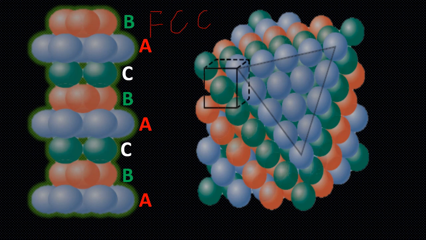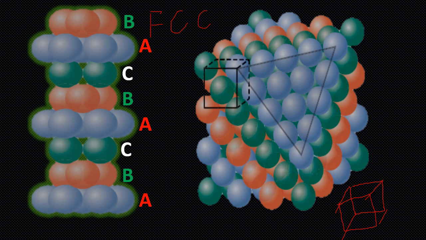For the face-centered cubic crystal structure, in order to discuss the atoms in different planes, we have cubic crystal structures like this one. So here is the plane A of atoms.